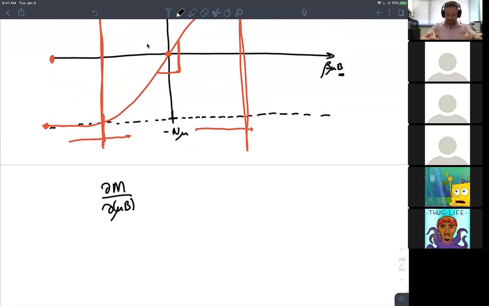That will give us the slope of this function. And then if you take this derivative and divide it by the number of electrons that you have, this is what's defined to be the magnetic susceptibility.